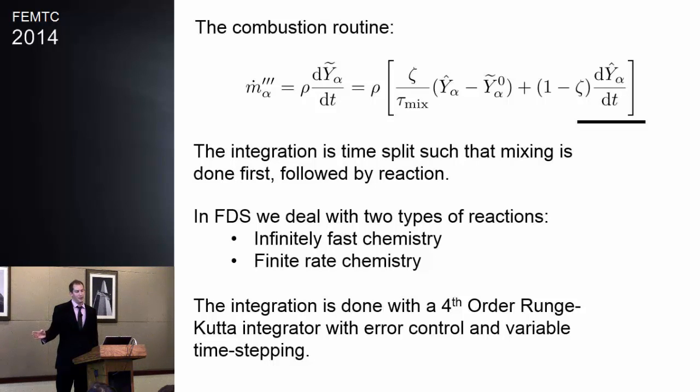We've written an algorithm such that we take the maximum allowable step that maintains your error tolerance, and that step is dynamic. As the chemistry becomes stiffer and the rates become faster, your time step will shrink. As the rates slow down, your time step will approach the time step of FDS. So we're trying not to have anything static or limiting in terms of how fast we can process your chemistry.